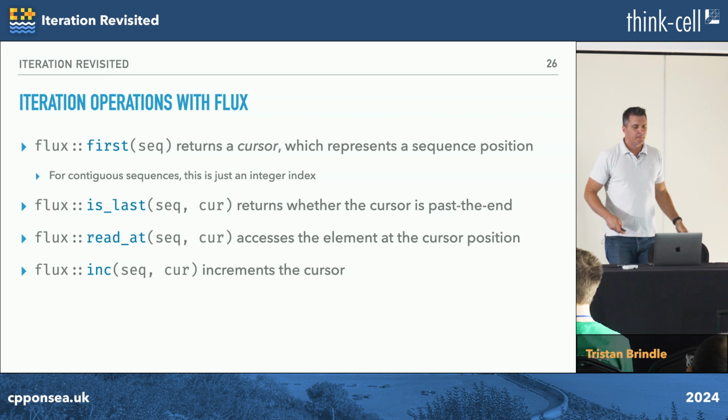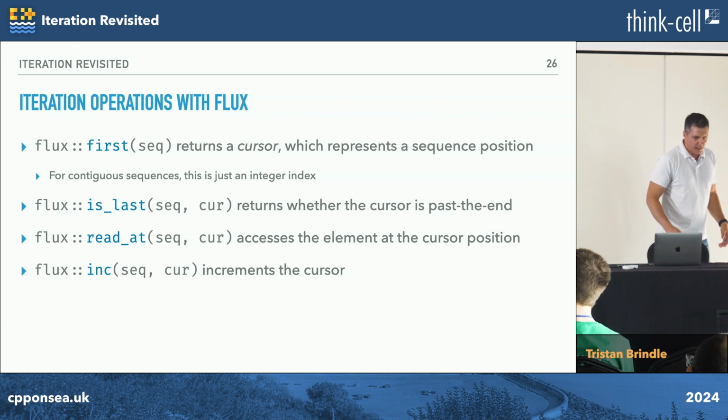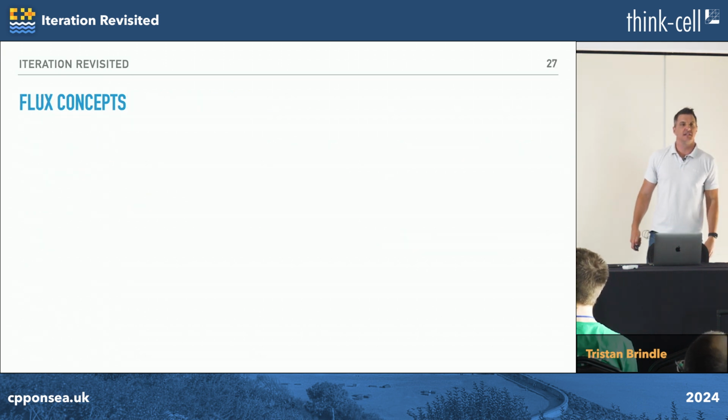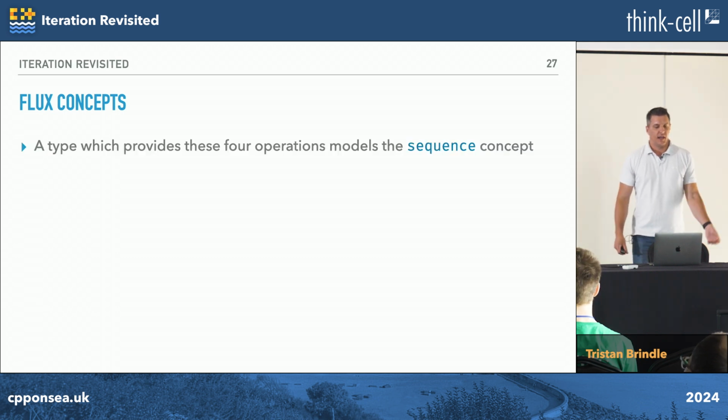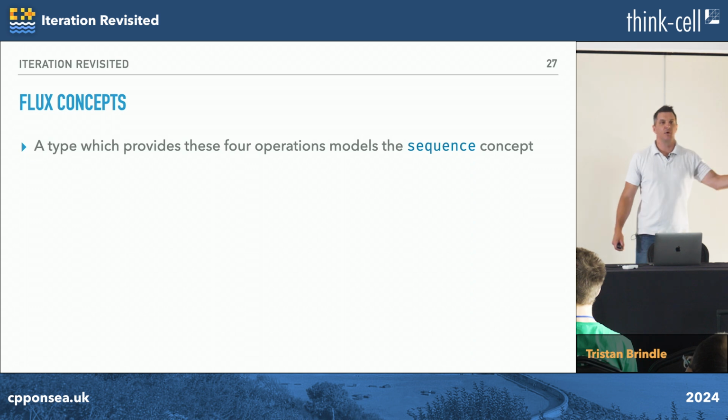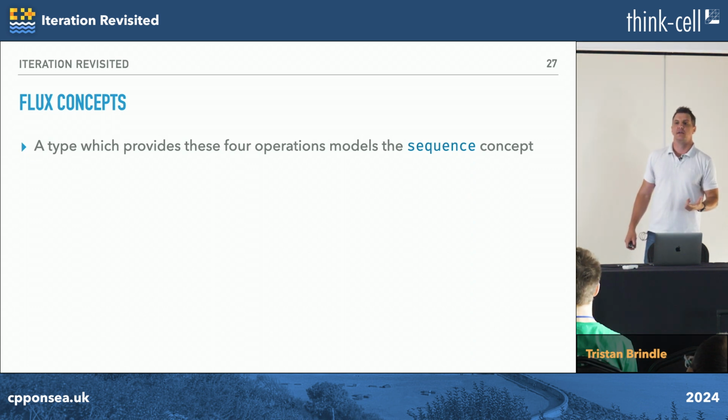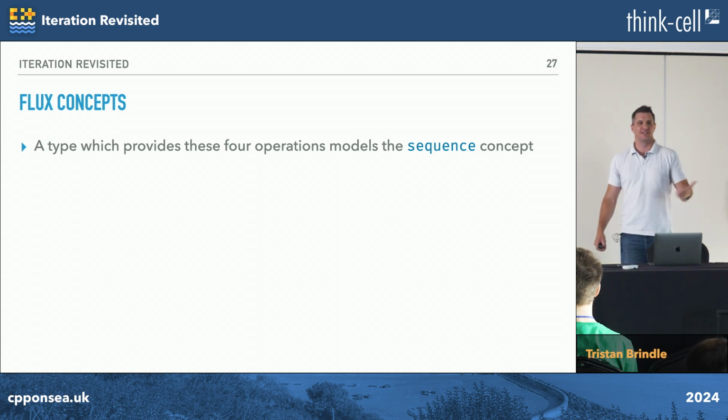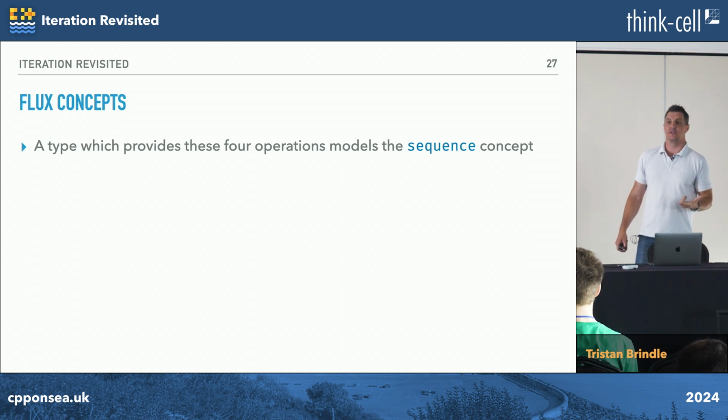So Flux is a C++20 library. It makes pretty heavy use of C++20 concepts. A type which provides these four operations, we say it models the sequence concept. I couldn't reuse the term range because that would be really confusing, so in Flux, I call it a sequence.